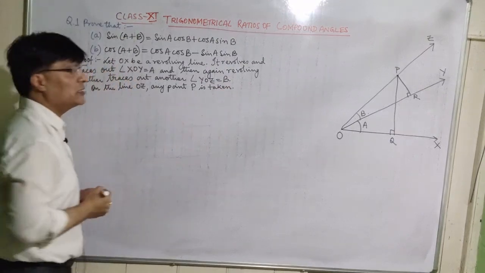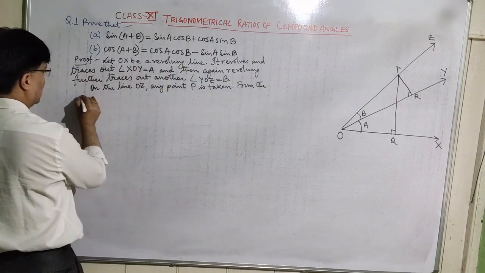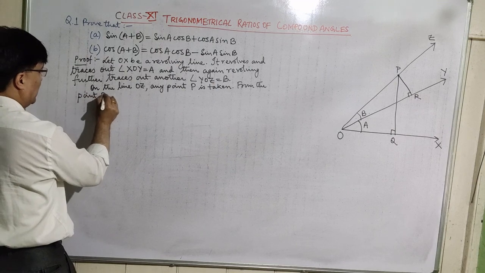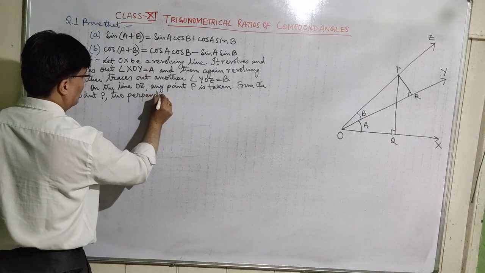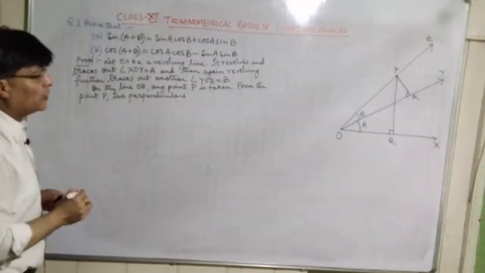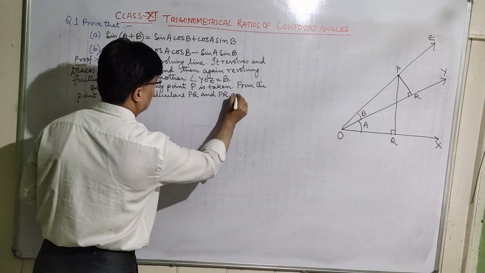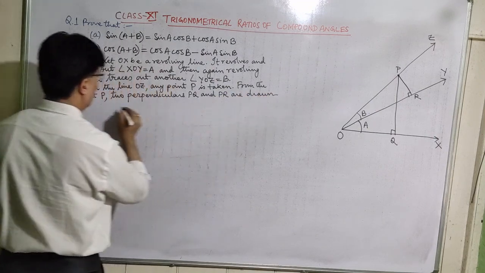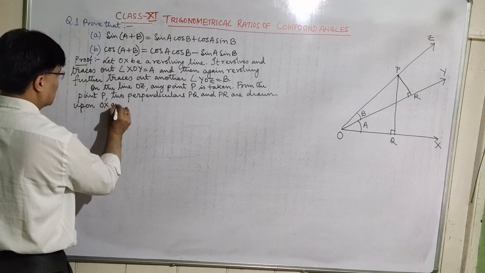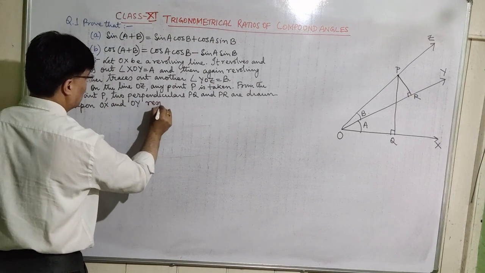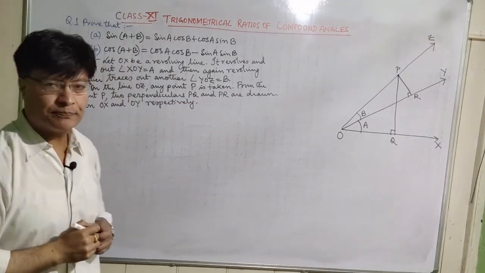From the point P, two perpendiculars PQ and PR are drawn upon OX and OY respectively. Okay.